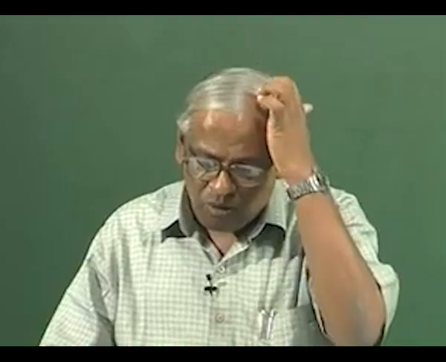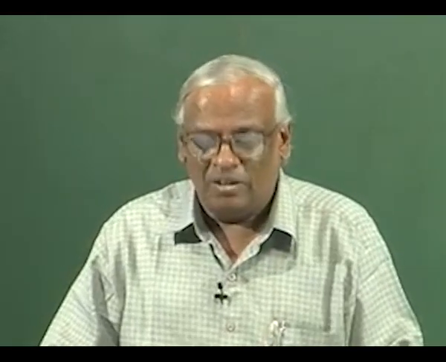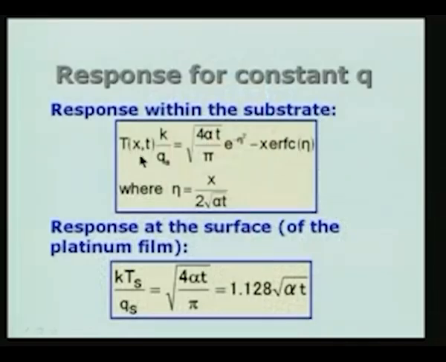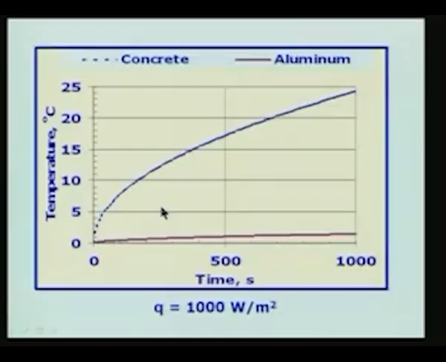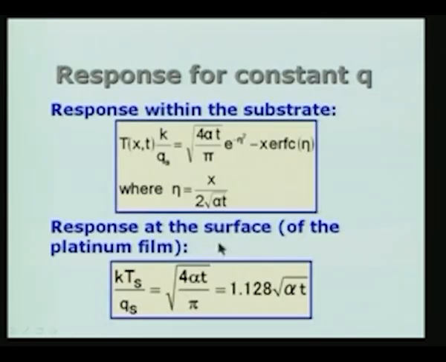And we can in fact show by a very simple solution to the one dimensional heat equation that the temperature of the substrate, if you go back to the previous slide, I have measured x in a direction perpendicular to the surface, and I am now talking about the temperature within the substrate at any location x at a given time t.